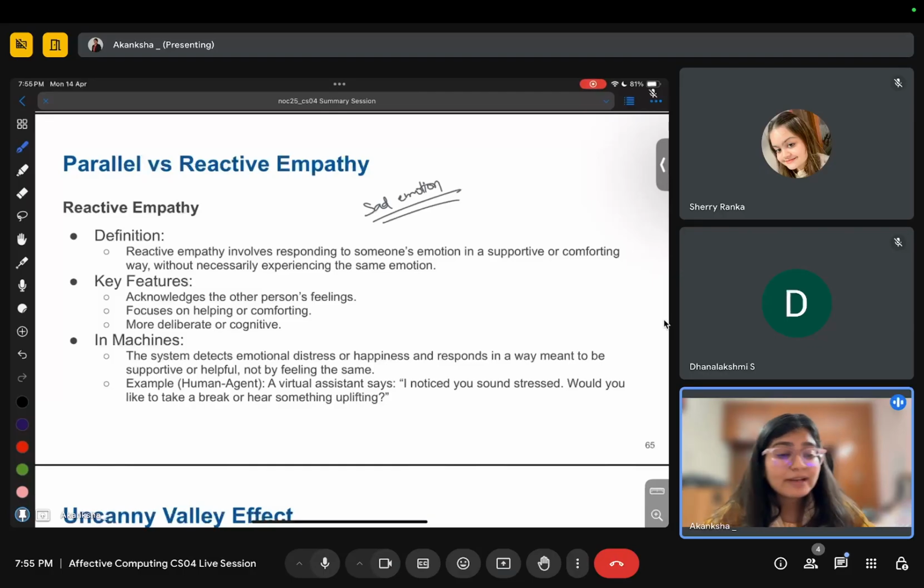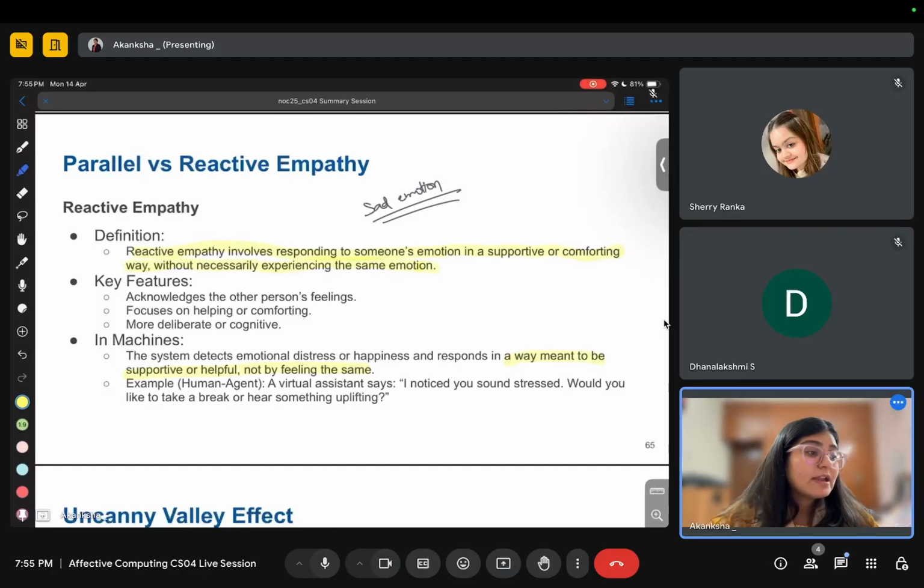Reactive means reacting to counter it. So we want to be supportive or helpful, not by feeling the same. For example, I noticed you sound stressed, would you like to take a break or hear something uplifting? So it is countering the effect. It is responding to someone in a supportive or comforting way without necessarily experiencing the same emotion.